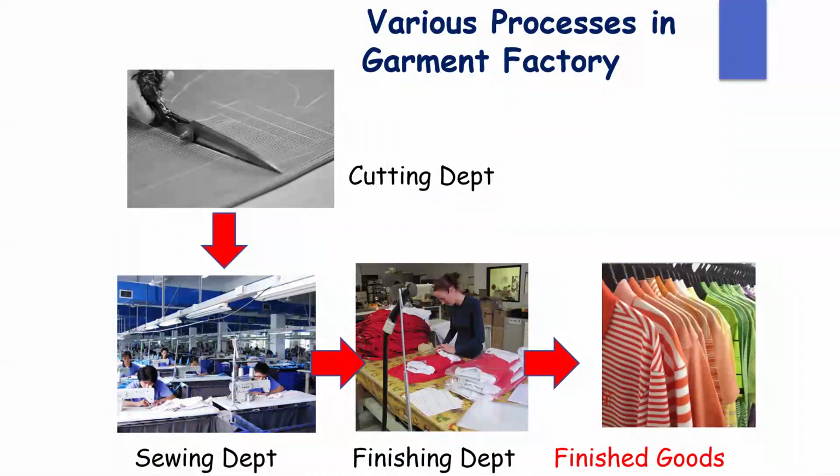The output of the cutting department is sent to the sewing department. The output of the sewing department is sent to the finishing department. The output of the finishing department is sent to the final warehouse.